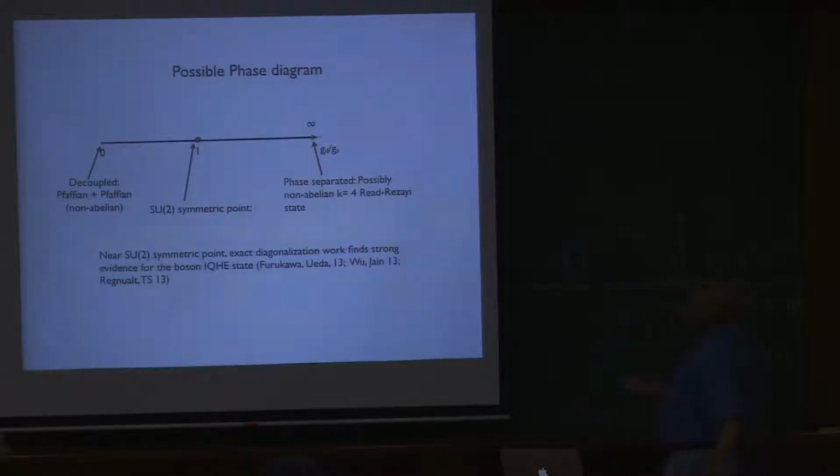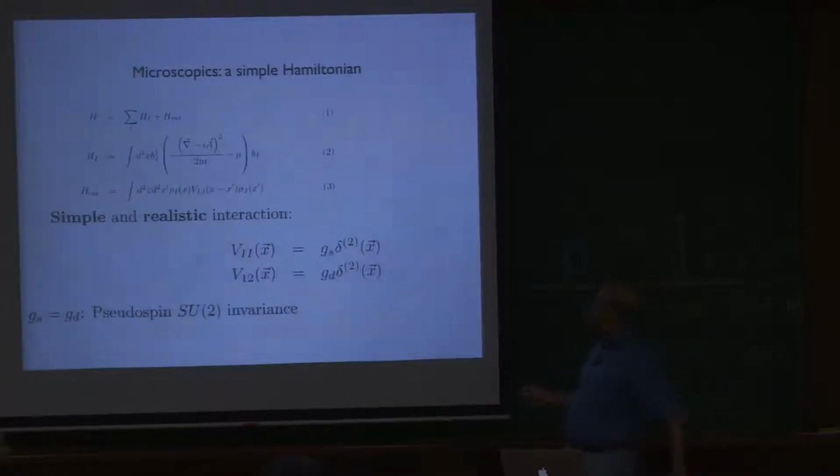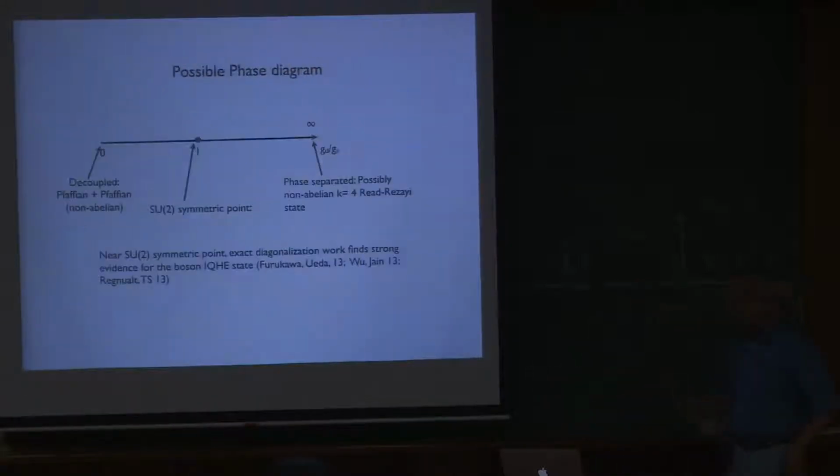So let's ask about the phase diagram as a function of the ratio of these two interactions, GD over GS. GD is G different, GS is G same. That's the way to remember. So if G different goes to infinity, that's when this trivial solution of phase separation works, and then each boson species locally is in nu equals 2, and we don't know what that system really does.